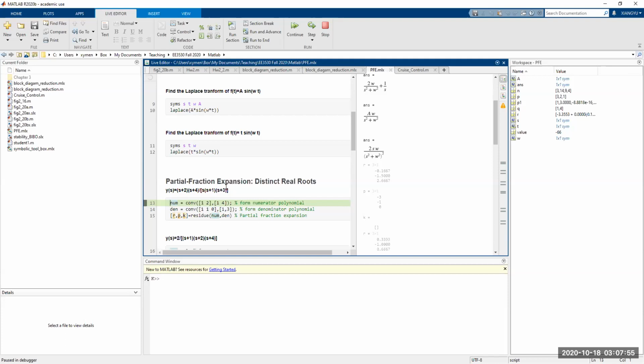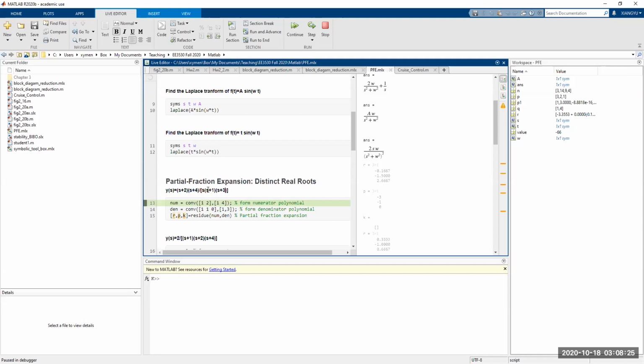MATLAB can also help you do the partial fraction expansion. First, let's consider the case where all the roots are different but real. This is the example I think you did in class. We have Y(s). The numerator is s plus 2 times s plus 4.